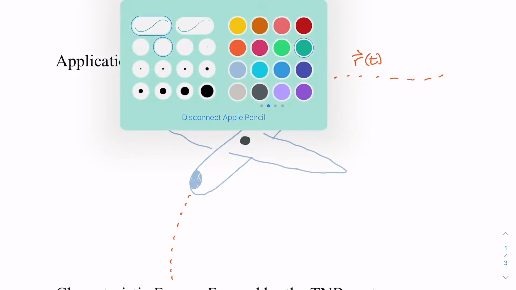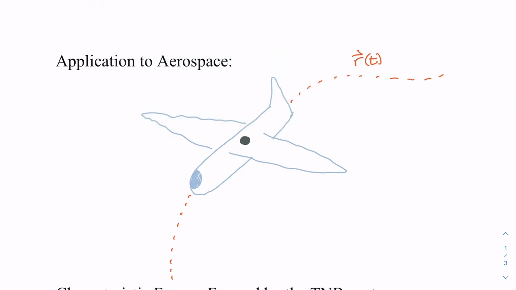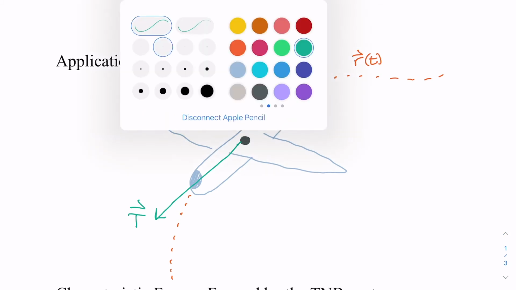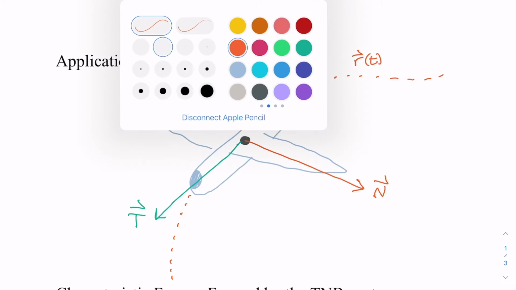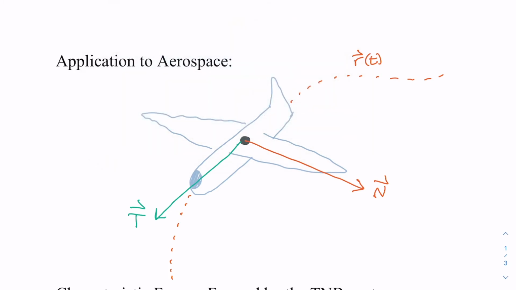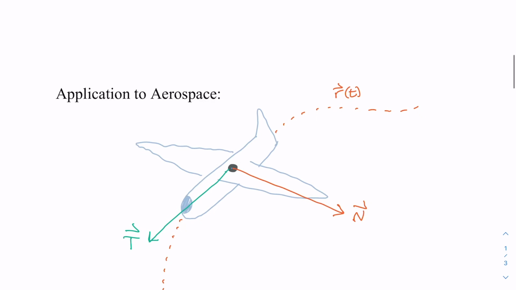Then we can draw its unit tangent vector, which would be like this. So there's T. Its unit normal vector would be coming out like this. And then its specific unit binormal vector would be pointing straight up. And so all these are orthogonal to each other, just like that.